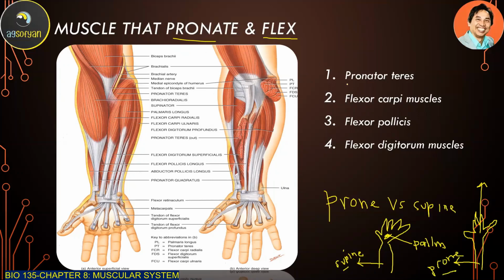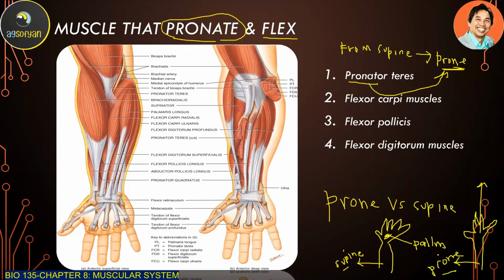So the muscle that pronates will twist your arm from supine position to prone position. This is what we call pronate. It will prone your arm.